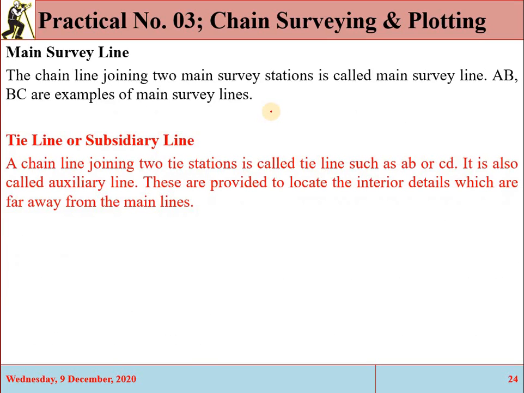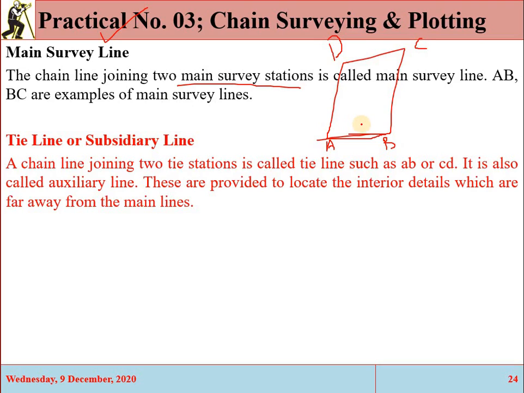Now the line joining two main stations we have discussed, okay. Suppose these are the boundaries, A is the main station, B is the main station, C and D are the main stations. So the line which joins these main stations, these are called the main survey line, or this is called the main chain line, okay.